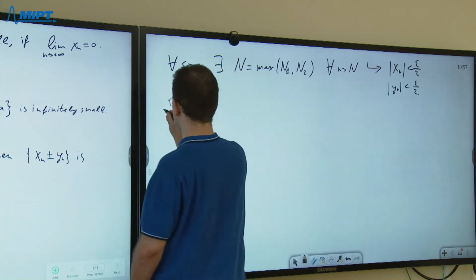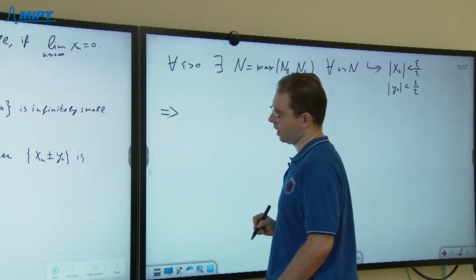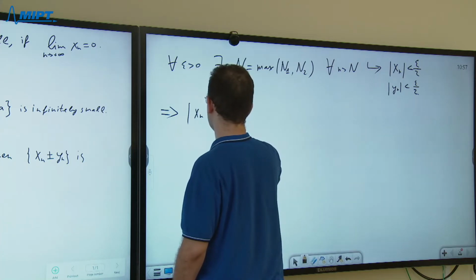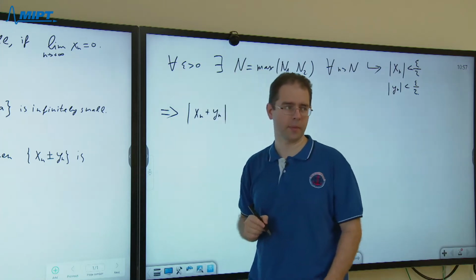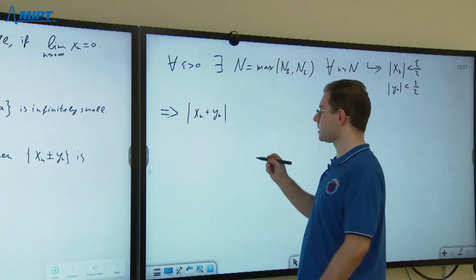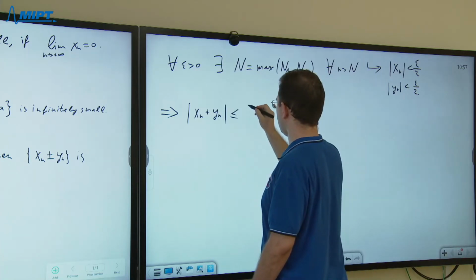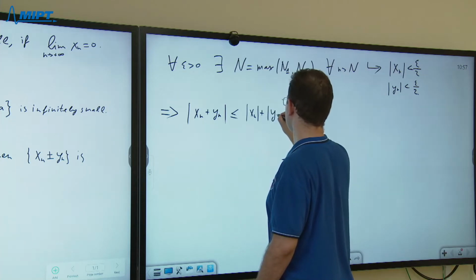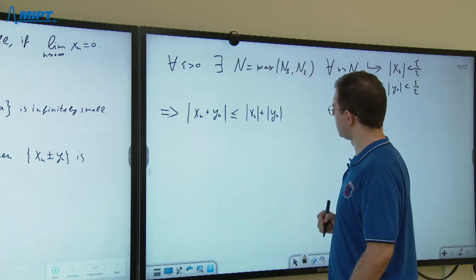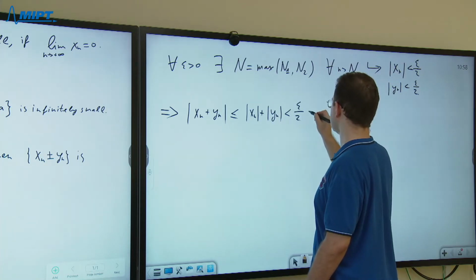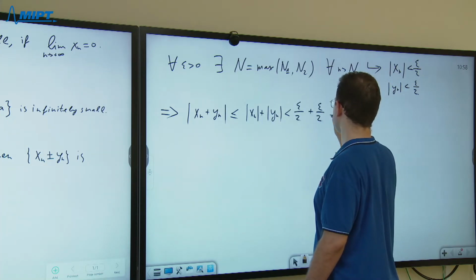But from here it would follow that the absolute value of xn plus yn, being less than or equal to the absolute value of xn plus the absolute value of yn, is less than epsilon divided by 2 plus epsilon divided by 2, which is just epsilon.